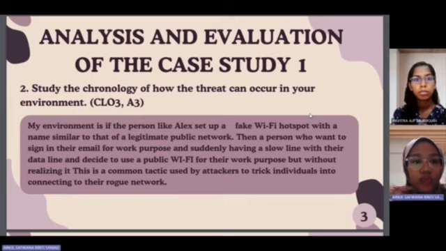Then a person who wants to sign in to their email for work purposes is suddenly having a slow data line and decides to use public Wi-Fi for their work, without realizing this is a common tactic used by attackers to trick individuals into connecting to their rogue network.